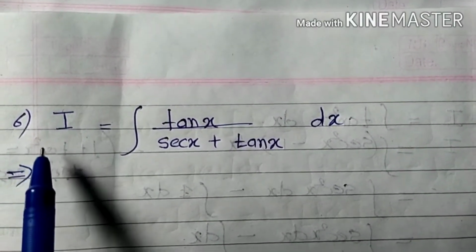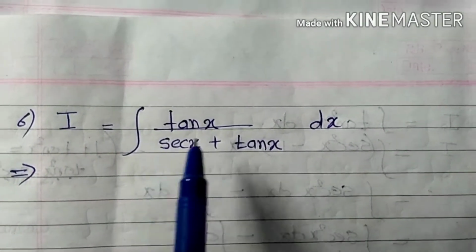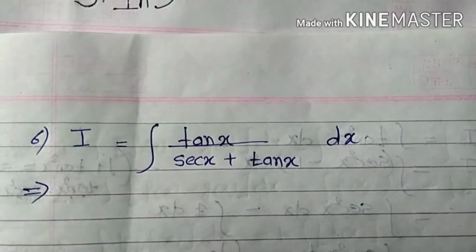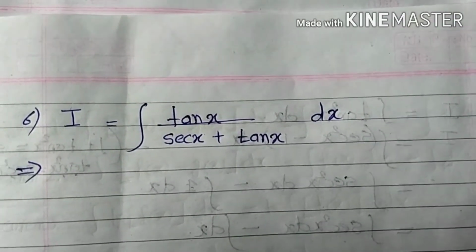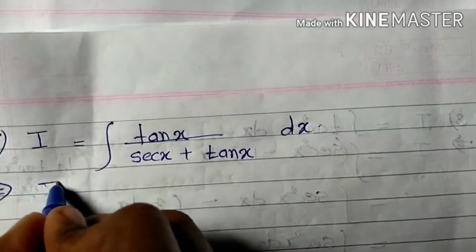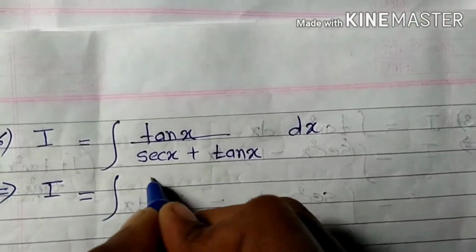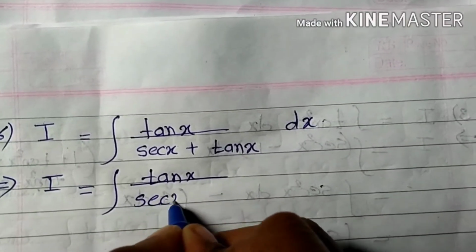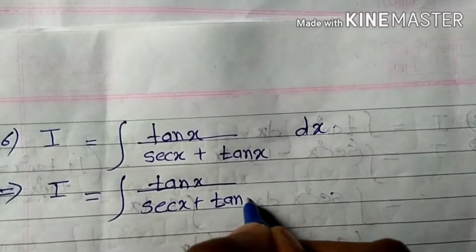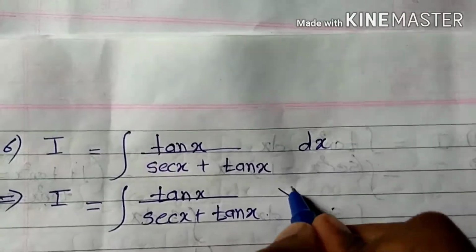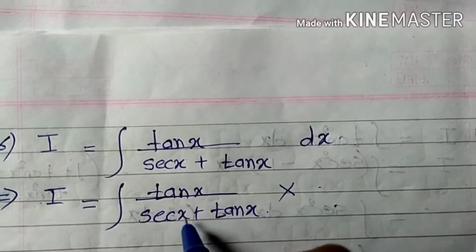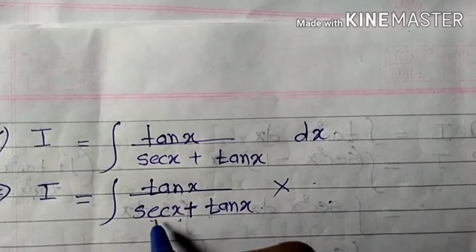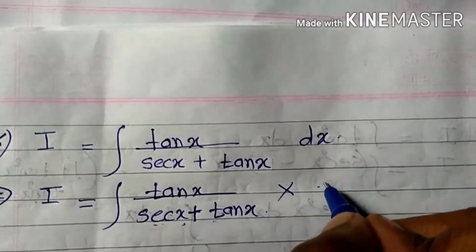Now next example is I is equal to integration of tan x upon sec x plus tan x into dx. So here I is equal to integration of tan x upon sec x plus tan x. Now here multiply and divide by its conjugate. The conjugate of sec x plus tan x is sec x minus tan x.